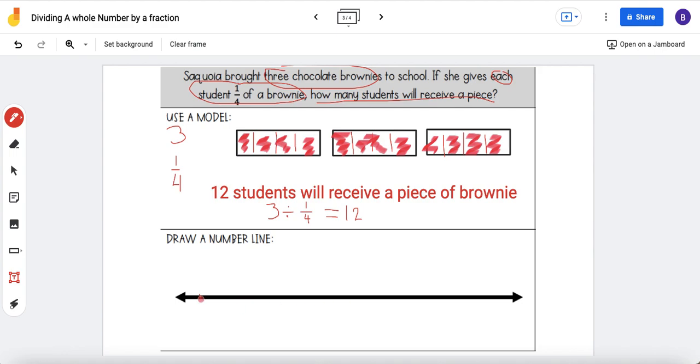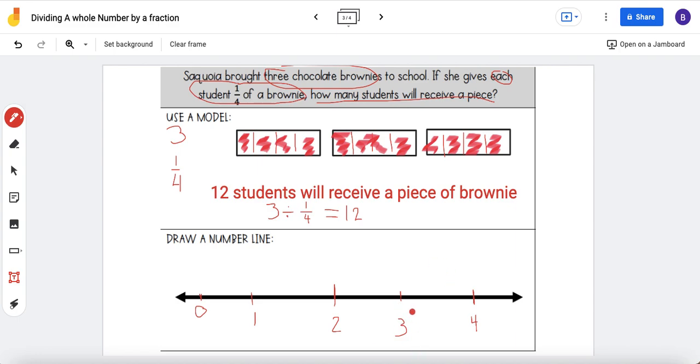So if we are now going to draw it on the number line, we have 3 pieces.